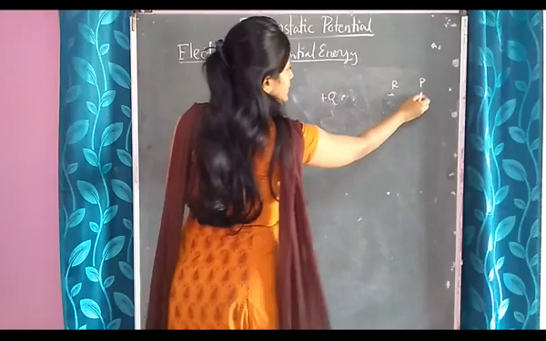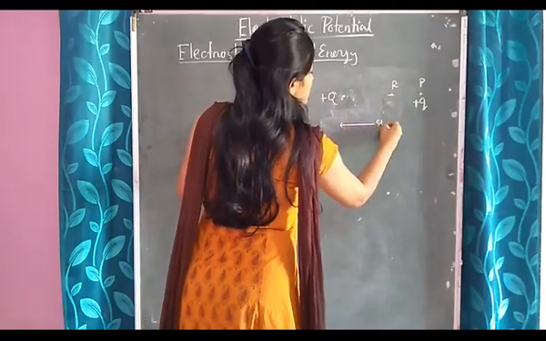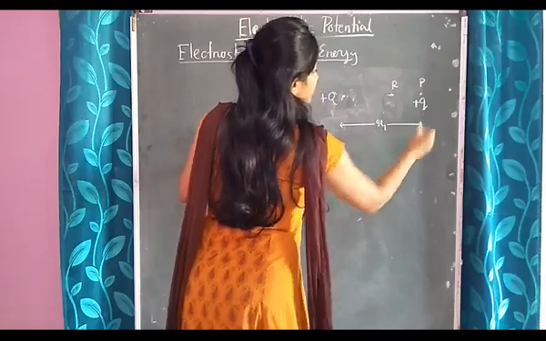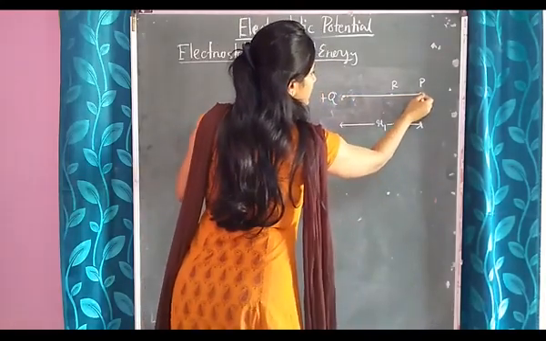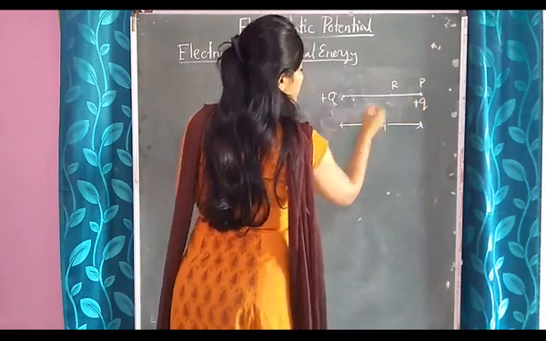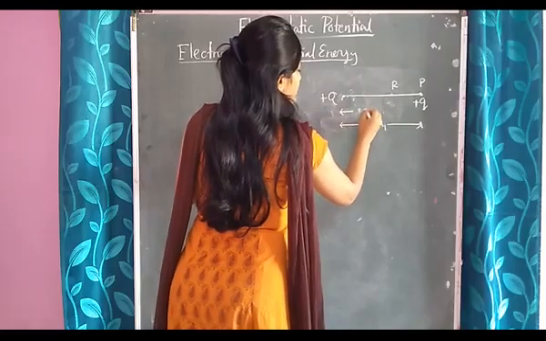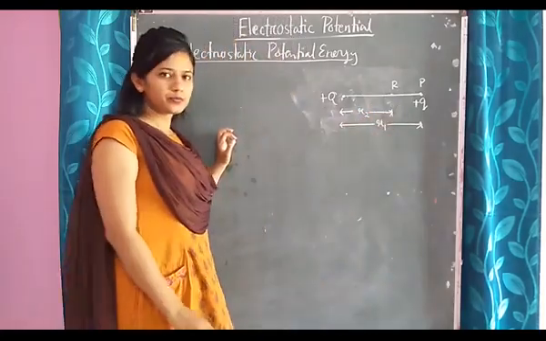Suppose first this point P is at a distance of r1, and we are bringing this charged particle from point P to R, which is at a distance of r2.